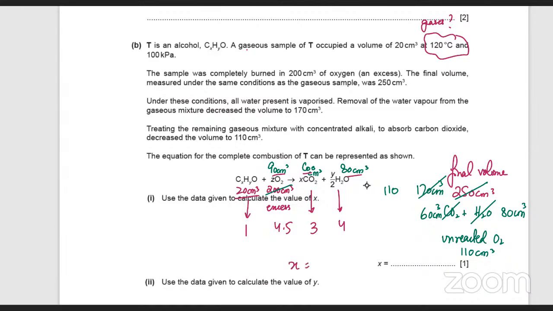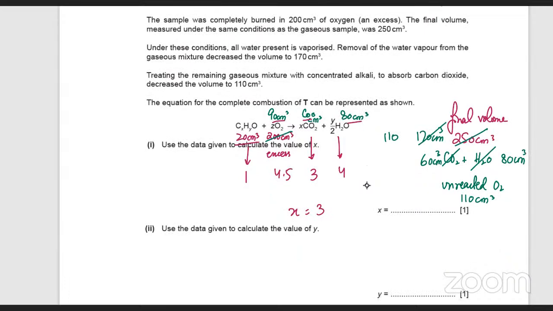So that means X has a value of 3, while Y by 2 has a value of 4. If we solve for Y, Y would come out to be equal to 8. So the formula of this hydrocarbon would come out to be C3H8O.